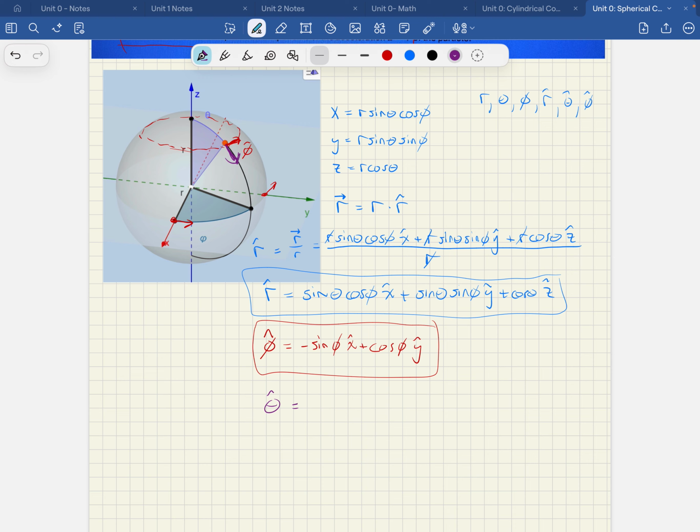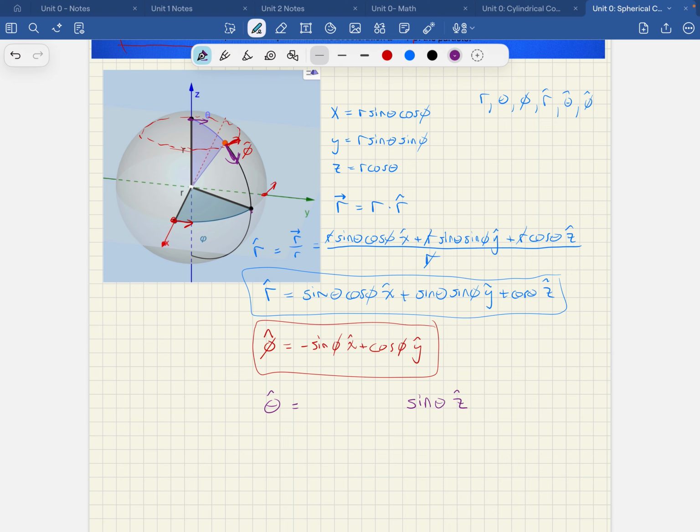Let's see. With respect to theta, when theta is 0, the z component of theta hat is 0. So that sounds like sine theta z hat.